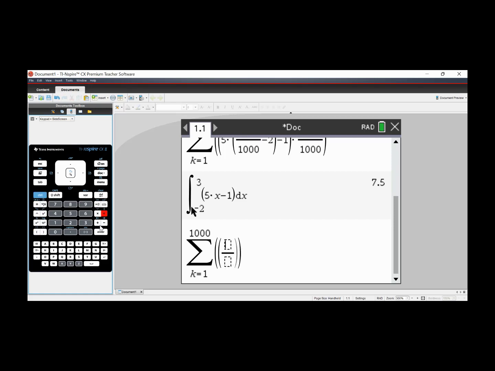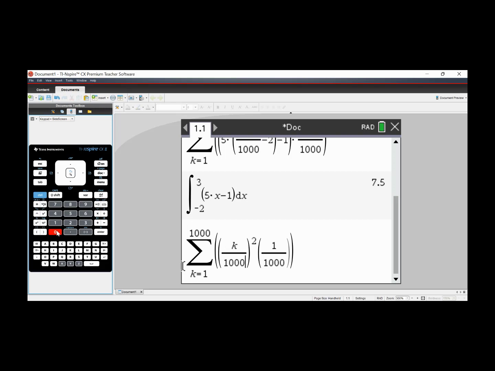We need a fraction. We have k on top, n on the bottom. Arrow out of the fraction, close it, square it, times, open a fraction, and our delta x was 1 over, and I messed up because I put an n. We're going to change that n to a 1000. So I'm going to come back here, delete this, change that to a 1000.